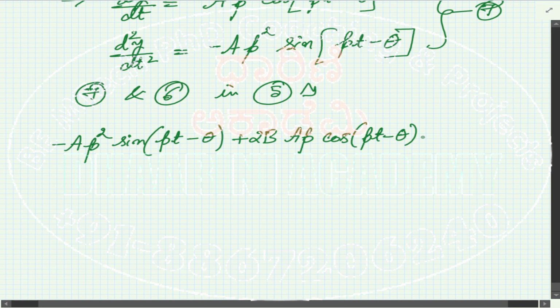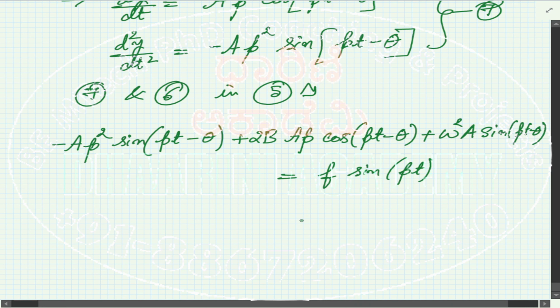Then the next term is plus omega square into y. We assumed y as a into sine of pt minus theta, and that is equal to the right hand side, f into sine of pt.